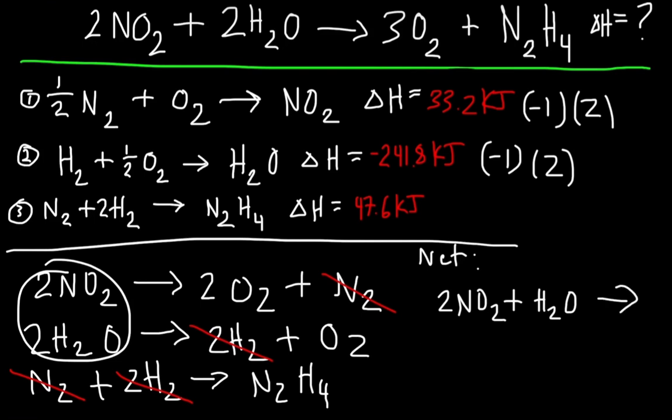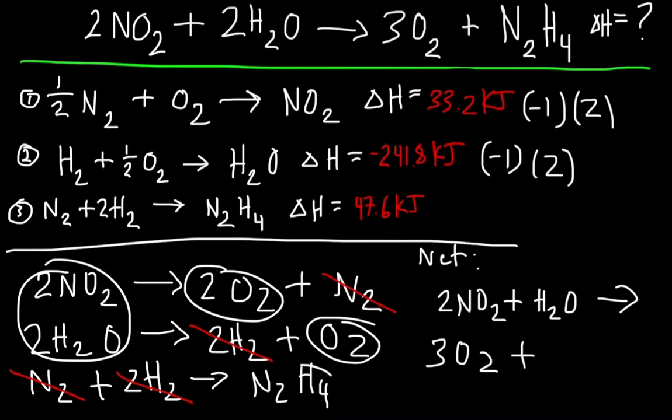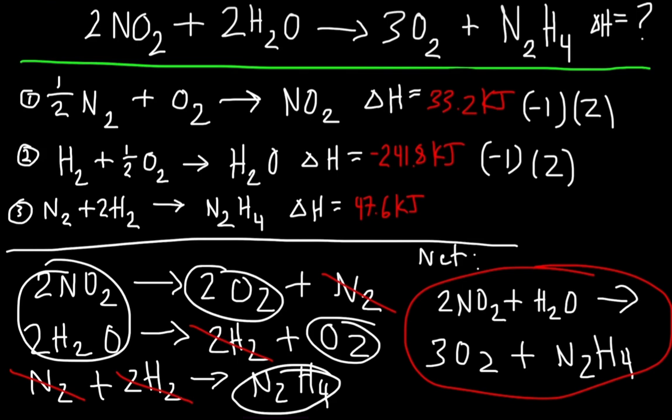And then this 2 plus 1, that's just 3O2 plus this thing, so it's just N2H4. Notice that we have the same as the original equation. Our net equation is the same as the original equation, so now we can simply add them.